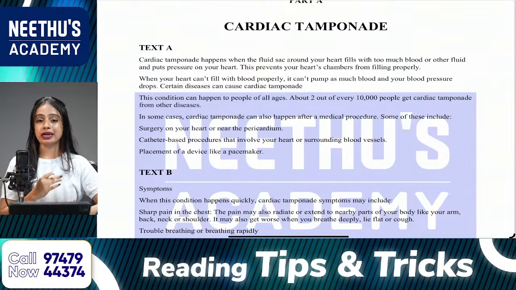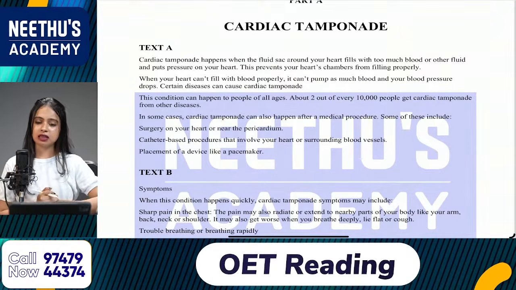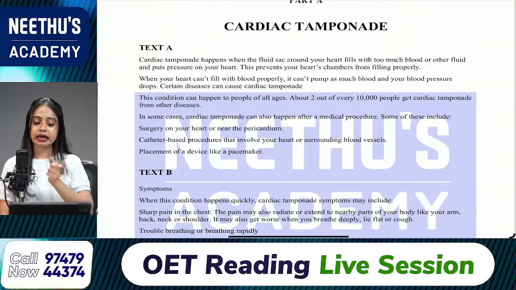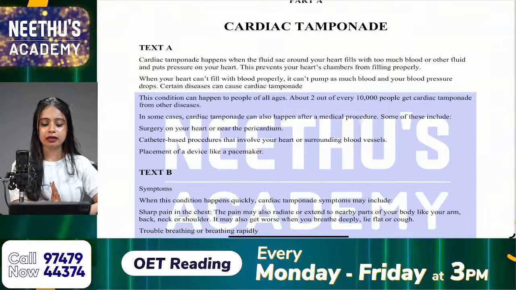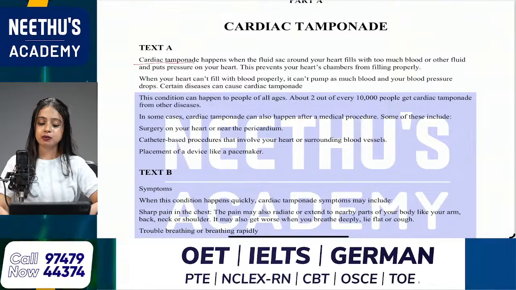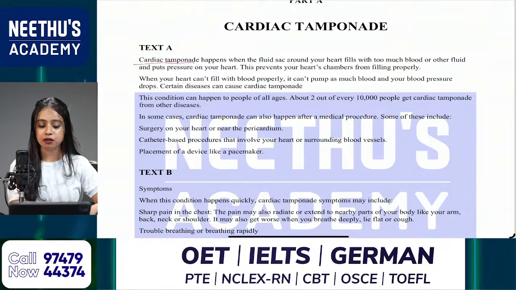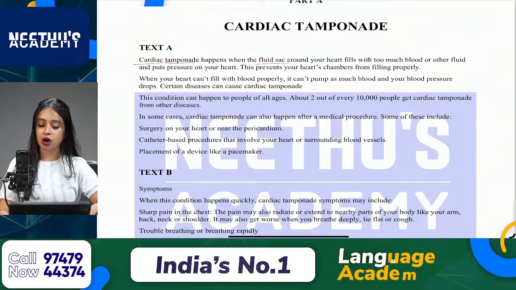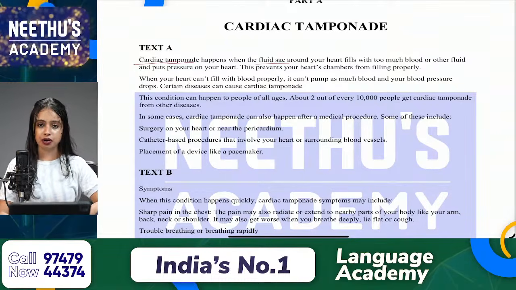So now we are reading texts A, B, C and D. Coming to text A: Cardiac tamponade. First of all, I'm marking the condition called cardiac tamponade. It happens when the fluid sac around your heart, so I'm marking the words fluid sac, fills with too much blood or other fluid and puts pressure on your heart.